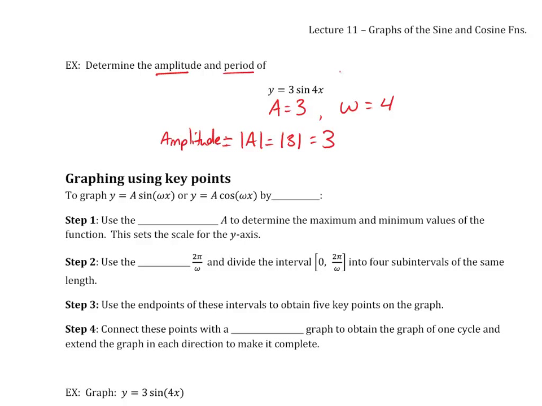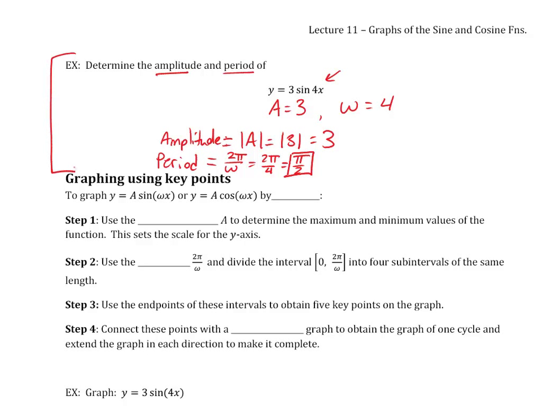The amplitude of this sine wave is 3. The period, that is how long it takes to repeat the wave, is going to be 2 pi divided by omega, or 2 pi in this case divided by 4. Reduce that fraction, you get pi over 2. That is the length of the wave, how long it takes for the wave to repeat.